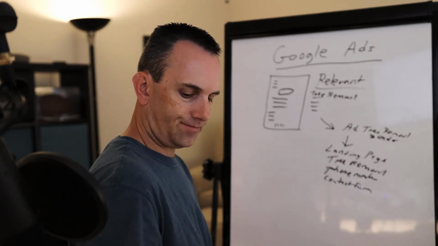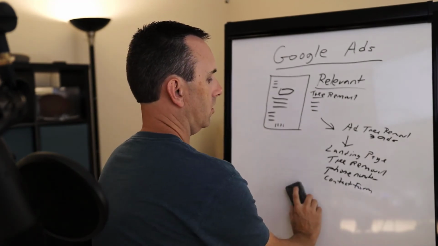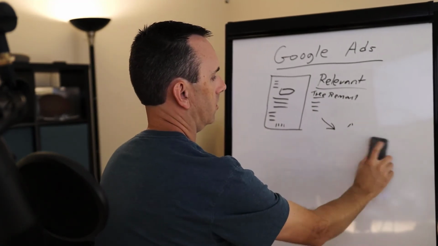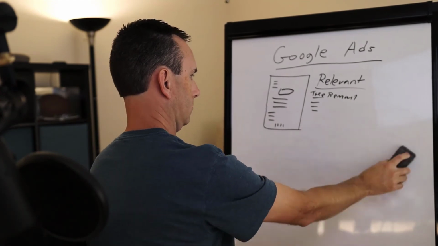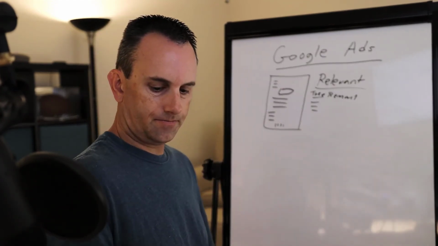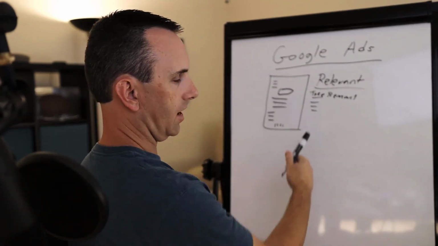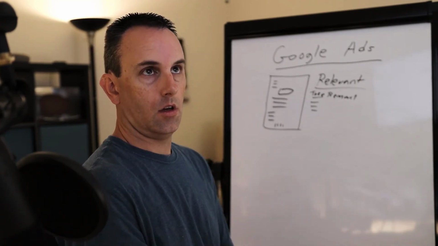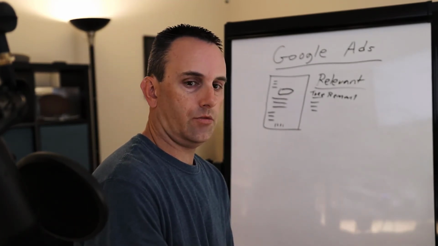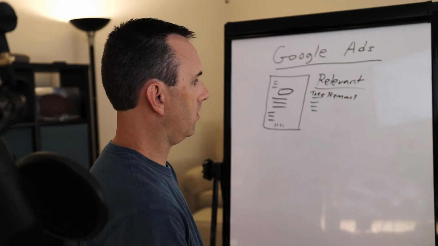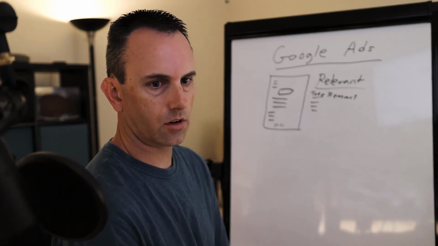Now, the other way you can increase your quality score is through your keywords. So we have a list of keywords. After you let your ads run for between two and three weeks, you'll have a really good sense if your keywords are working.